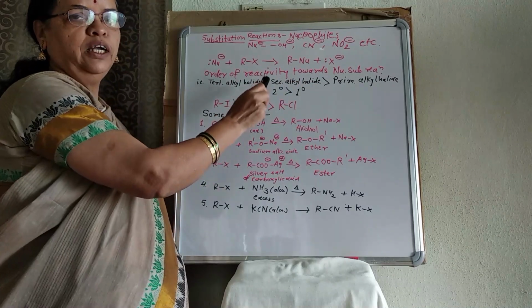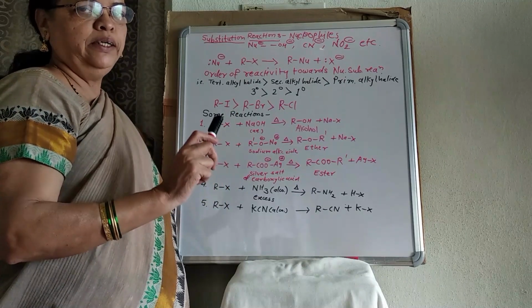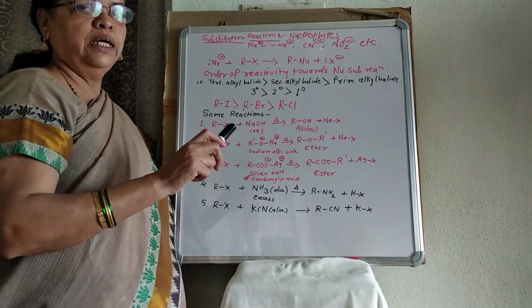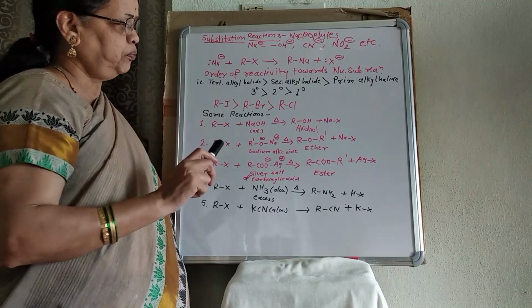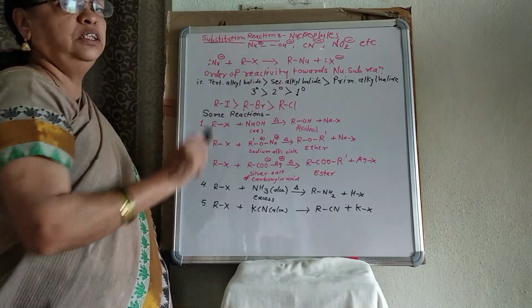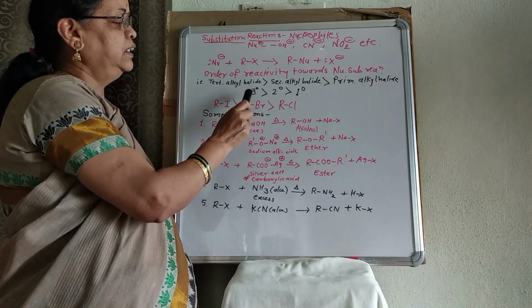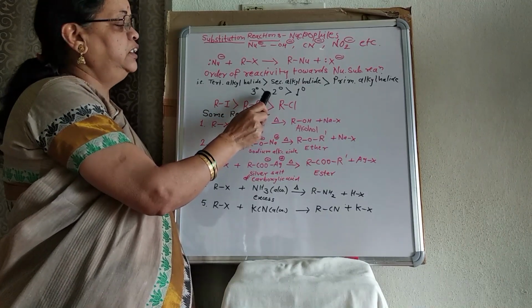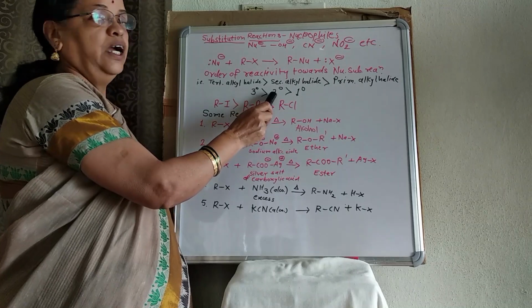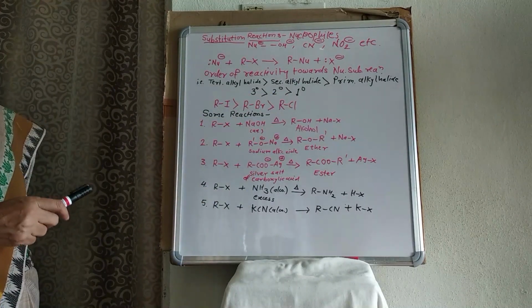Or some particular examples will be given: tertiary butyl bromide, secondary butyl bromide and primary butyl bromide. Then you have to write in this order. In short, the third degree is more reactive than the second degree, and the first degree has the lowest reactivity.